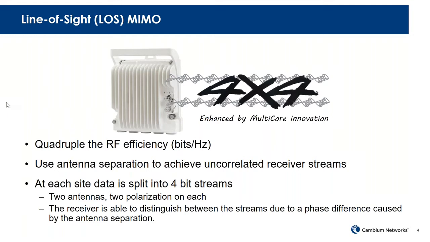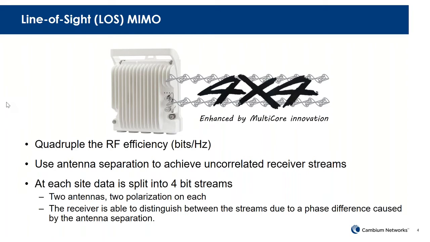So you get cross polarization, XPIC, and then on top of XPIC, you use the phase separation to achieve a double. So XPIC gives you 2 times the capacity, and with a phase separation, you double again. So the receiver is able to distinguish between the strings due to the phase difference caused by the antenna separation.